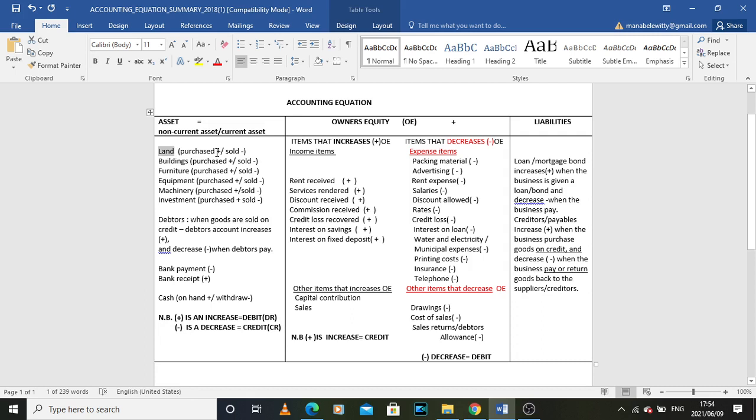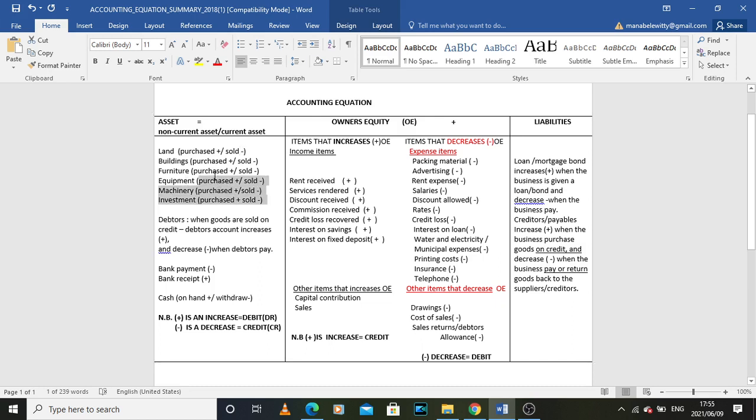If you purchase land, you're increasing the asset account because you're coming with something into the business, so it's a plus sign. If you sold land, you're decreasing the asset, meaning that it must be on the credit side, which is negative. Same as building, same as furniture, equipment.